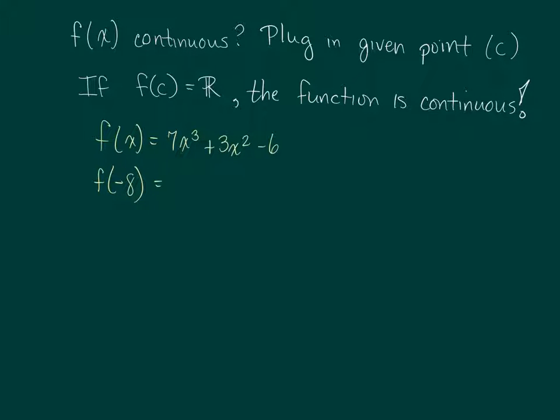So you'd have 7 times -8 cubed plus 3 times 8 squared minus 6, and you go ahead and simplify that, and in your final answer, if f of -8 equals some real number, then it's a continuous function. So do the problem, see if it equals a real number. If yes, then it's continuous.